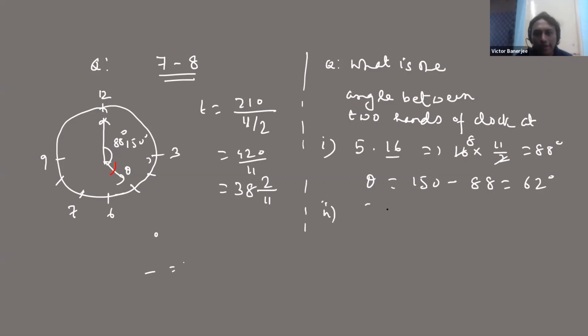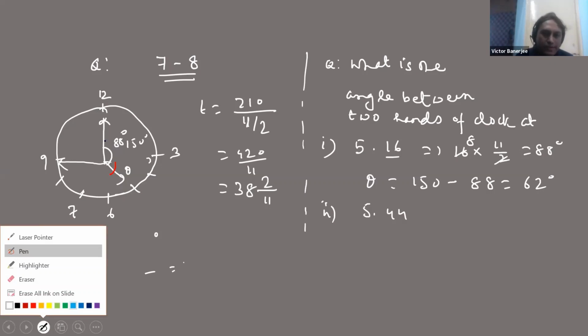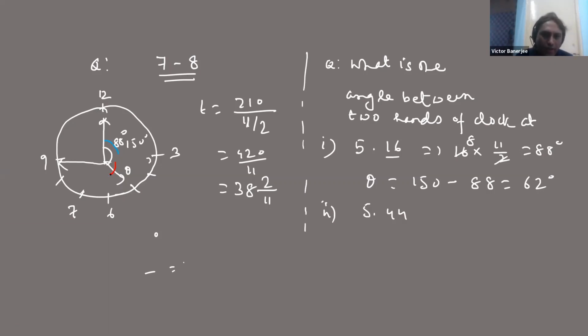Now let me draw 5:44. The minute hand will be close to here. This is the initial angle in white, and this is the distance covered by the minute hand. The required angle would be this angle.